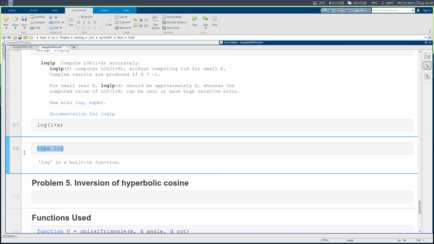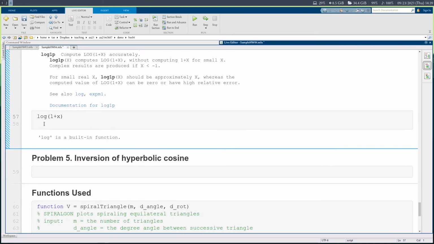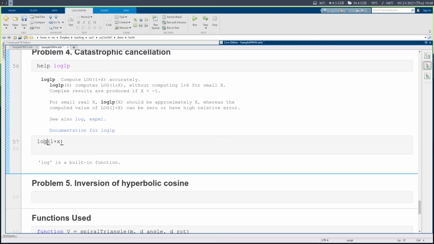But essentially it uses a Taylor series expansion of the logarithmic function to calculate the log function. So that's something that we need to keep in mind when evaluating these functions in computers.